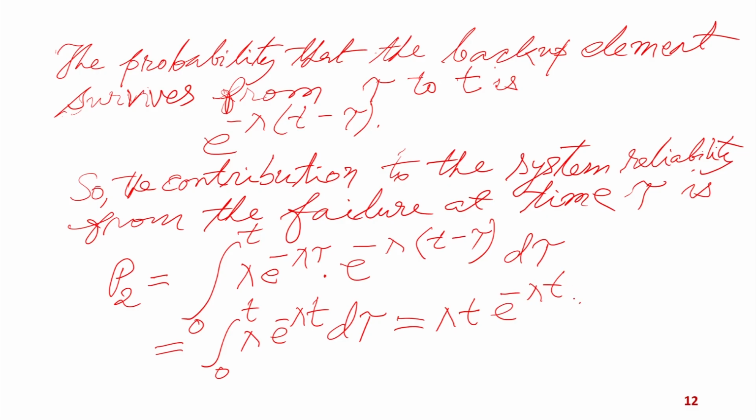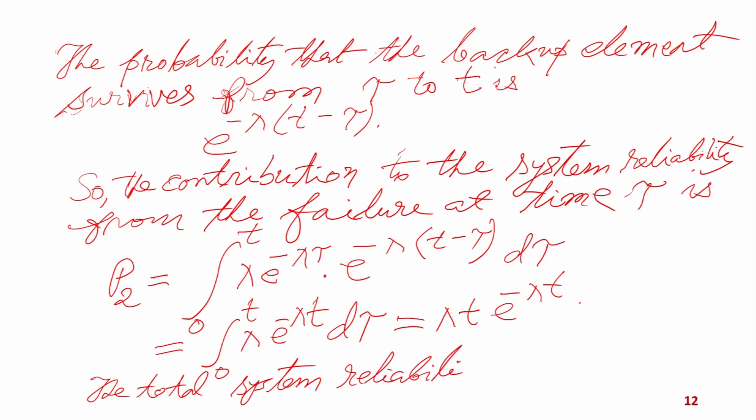Okay. So, the total system reliability R s will be equal to P 1 plus P 2. Already we have derived the expression for P 1, now we have derived the expression for P 2.